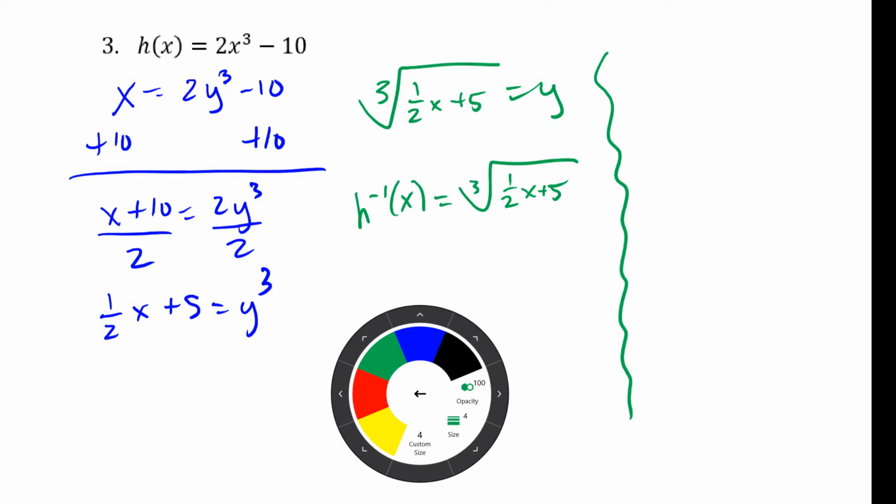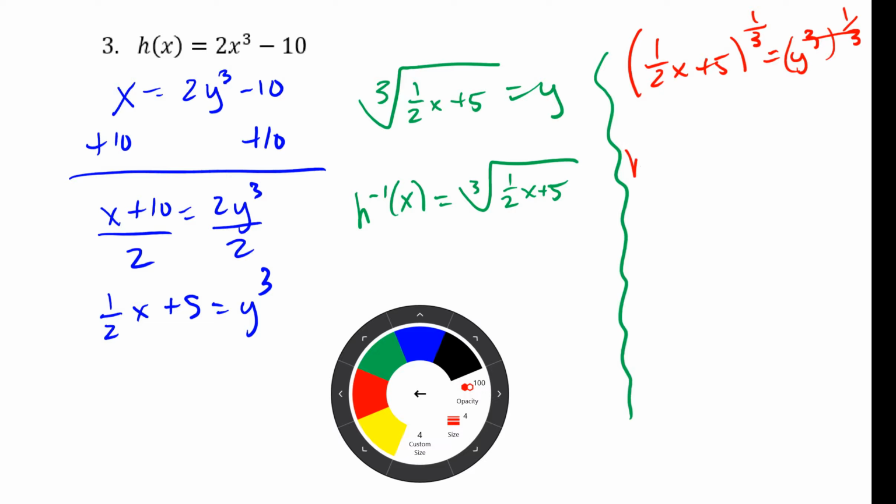The other way you can do this is you can say, well, instead of saying the 3rd power, I can raise that to the 1/3 power. So what that would look like would be 1/2 x plus 5 to the 1/3 power equals y to the 3rd all to the 1/3 power. The reason why this also works is, well, 1/3 power is the same as cube root, and also the 3's would cancel there.